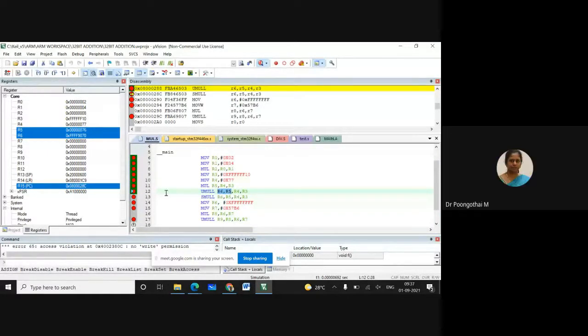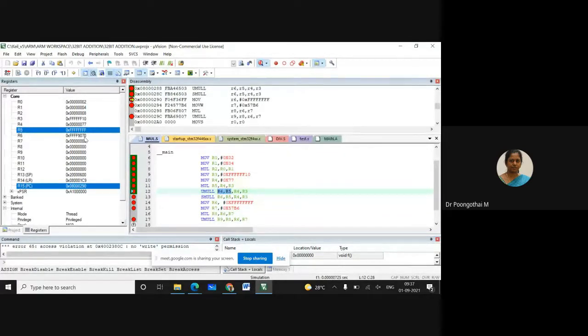Next, I am going to use this signed MUL instruction. In that case, you get 0x8. 0x8 will be your MSB and the 2's complement answer will be the LSB. So the same value, that is FFF9070. I'm going to execute that. Look at this, R5 is updated with 0x8 and R6 is updated with 0x9070.